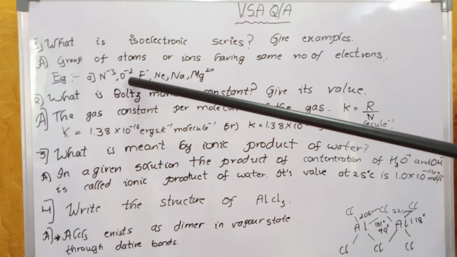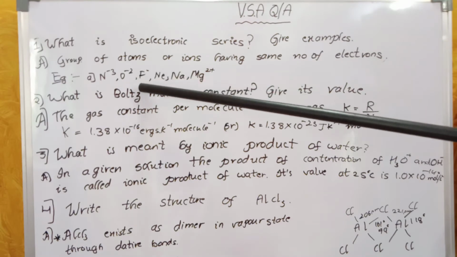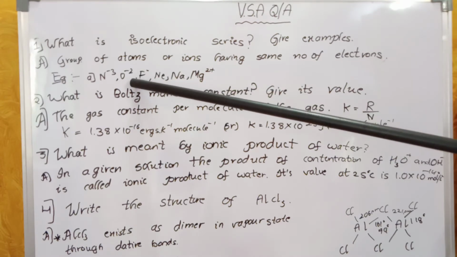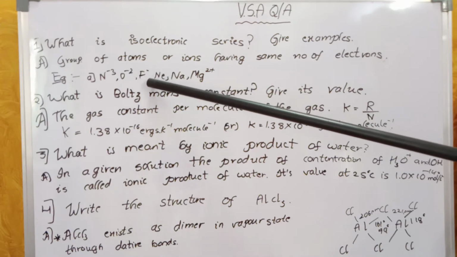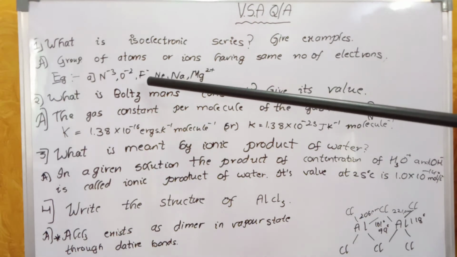Oxygen atom has atomic number 8, but when it gains 2 electrons, its oxide will be O minus 2. And fluorine, atomic number is 9, and if it gains 1 electron, it gains the negative charge.